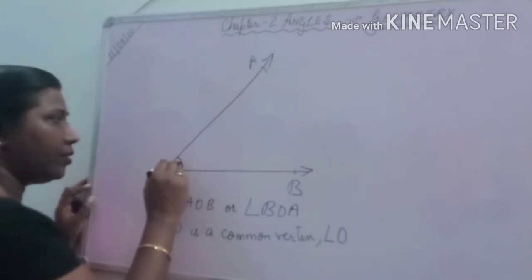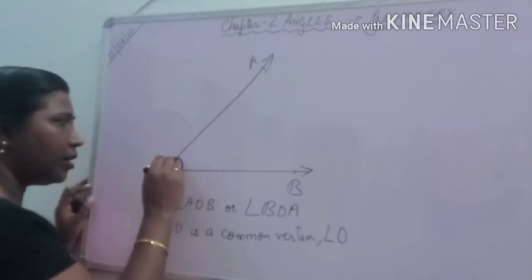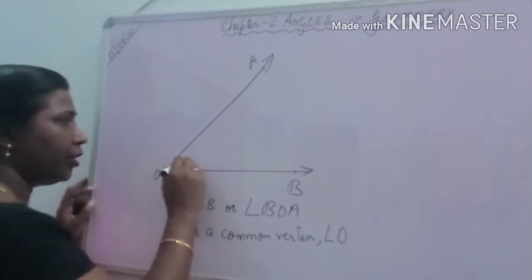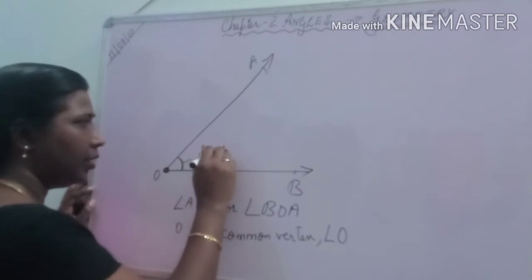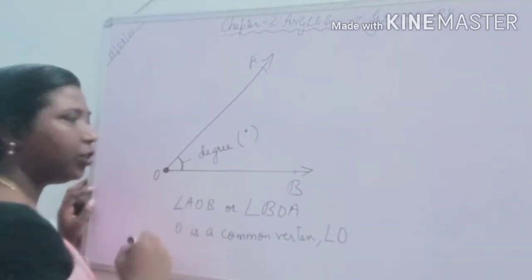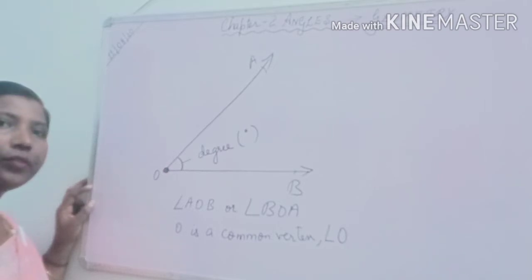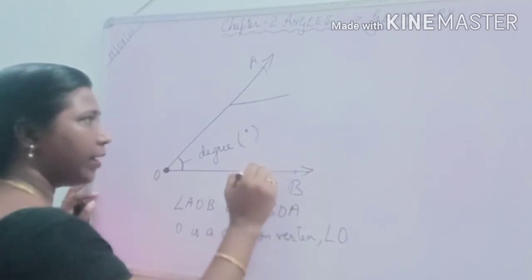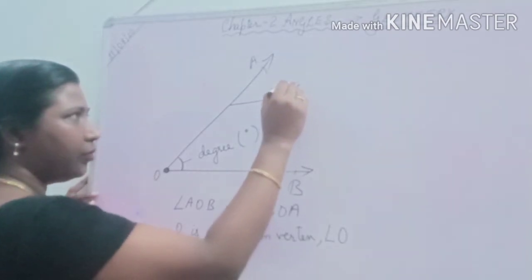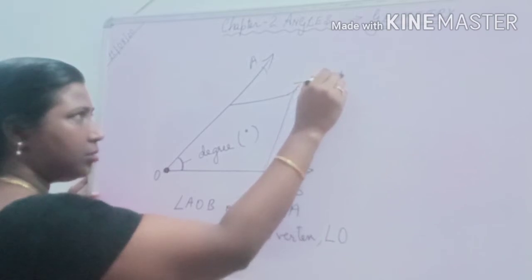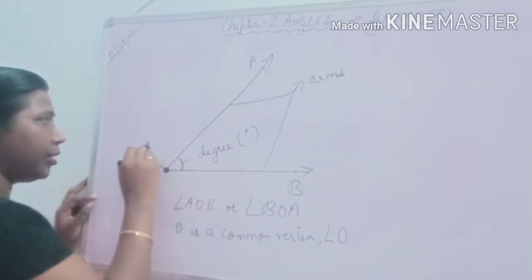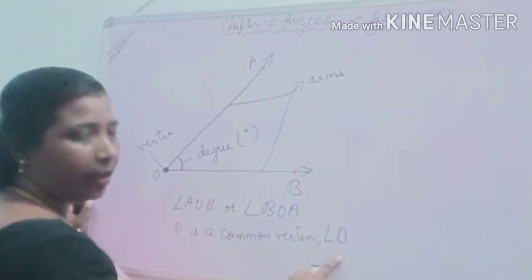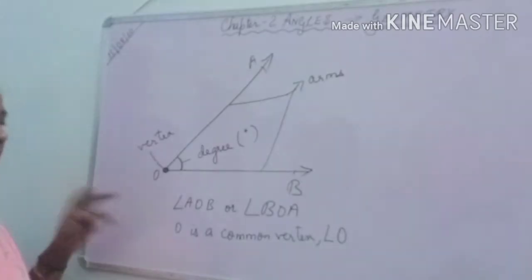This angle is measured in degrees, which is the unit of the angle. Both of these are called the arms of the angle, and O is called the vertex. Since O is a common vertex, angle O.